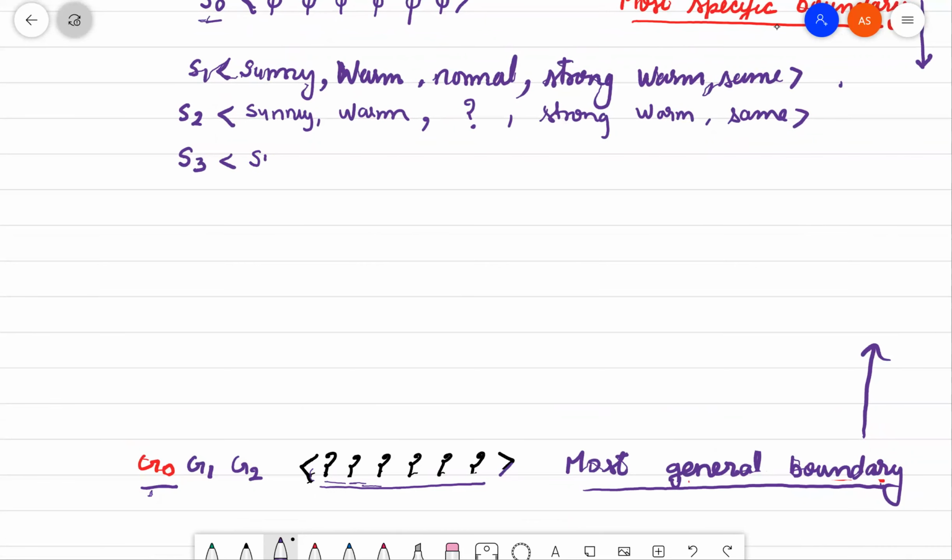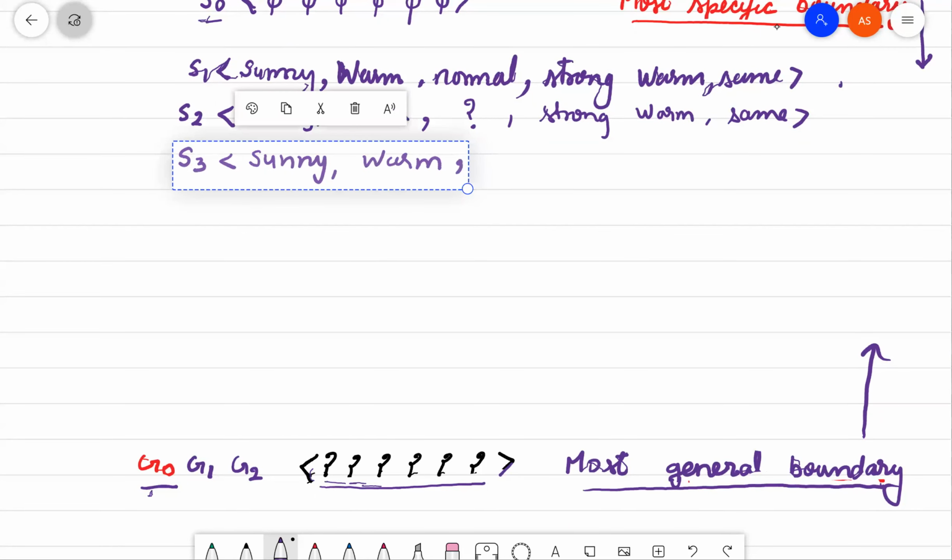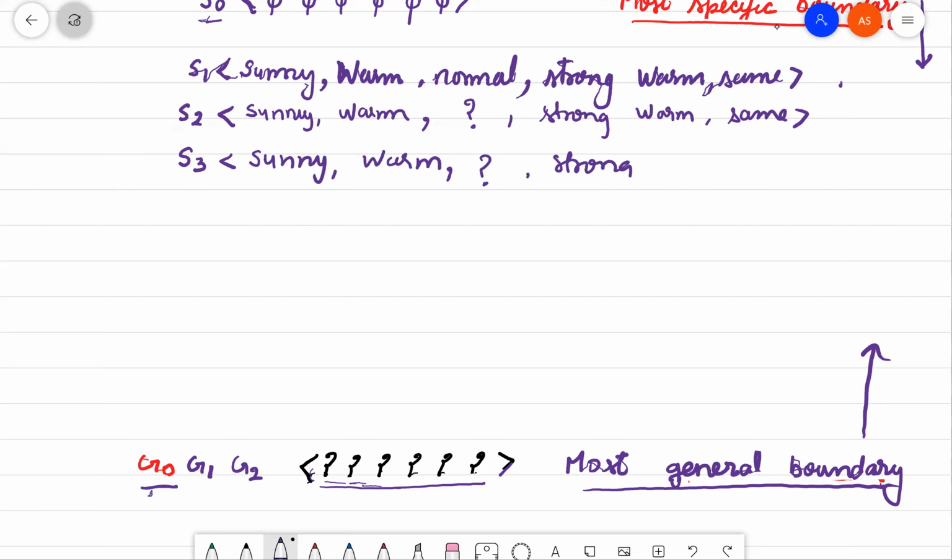This is the same: sunny, warm, question mark, strong, warm, and same.